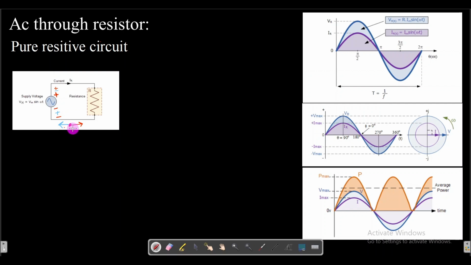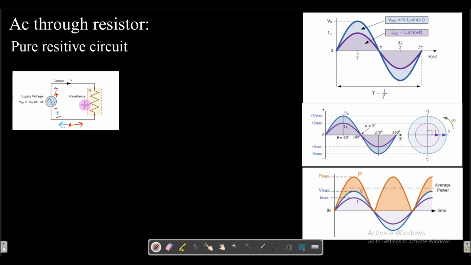Due to these two reasons, the electron will still be in motion in the opposite direction. In this way it will reach the maximum position.